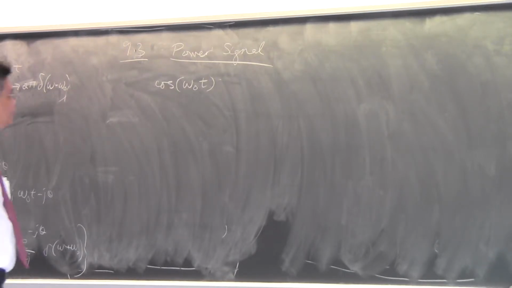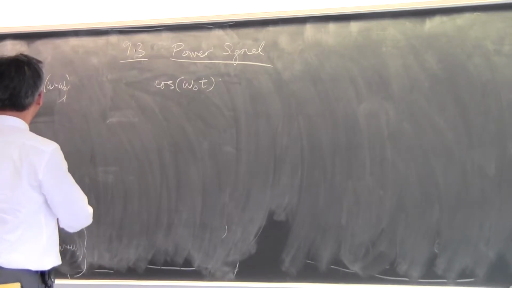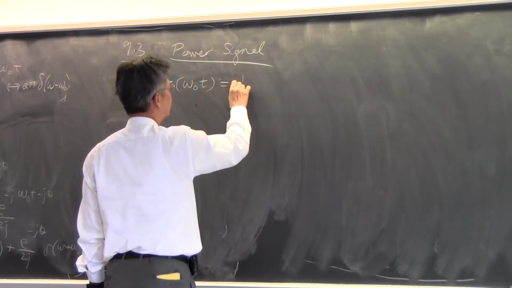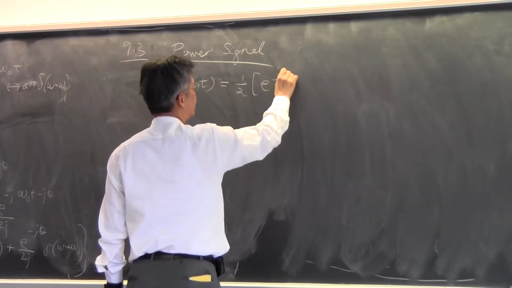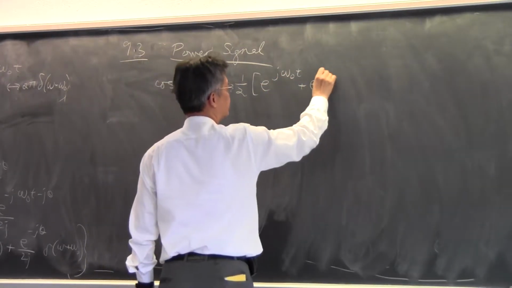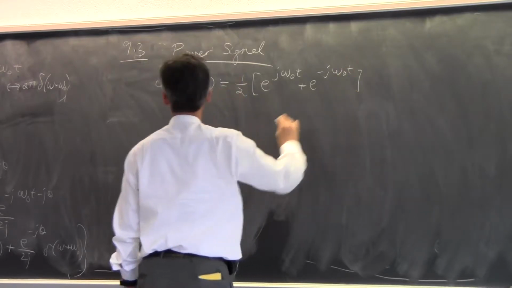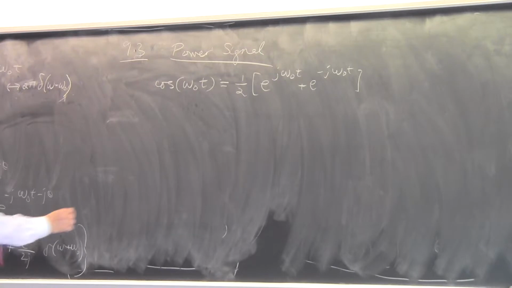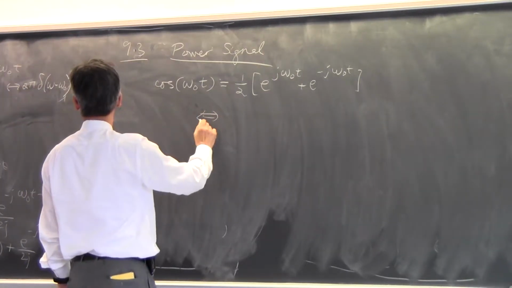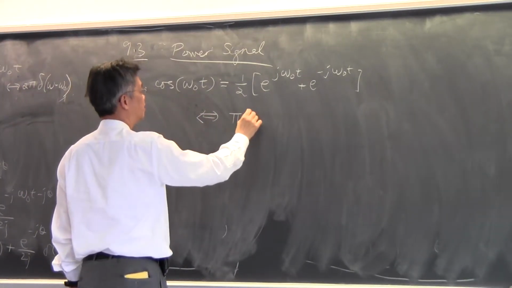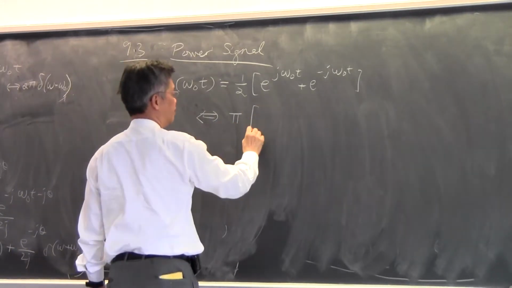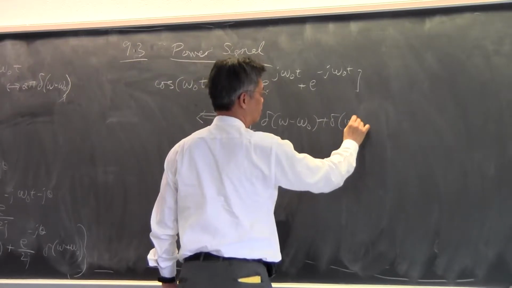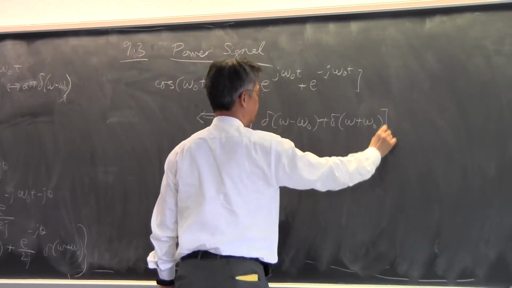And the fact that it has infinite energy actually follows from the Fourier transform. So if you look at this signal, I can write this as 1 over 2 times e to the j omega naught t plus e to the minus j omega naught t. And if I use this identity that I have derived over here, then this Fourier transforms to pi, because of the 2 pi there, times delta omega minus omega naught plus delta omega plus omega naught.